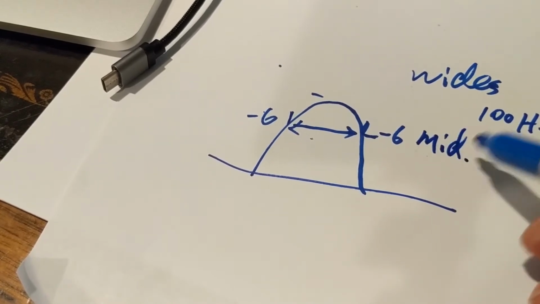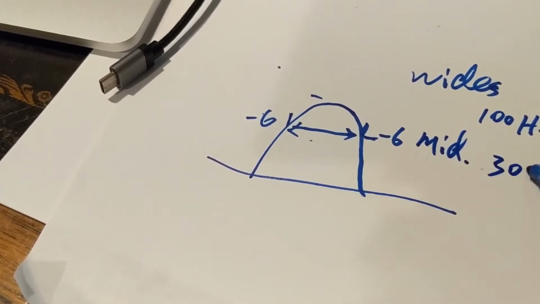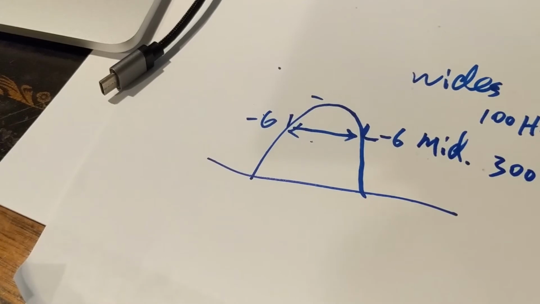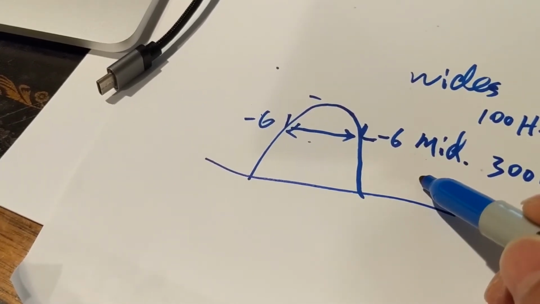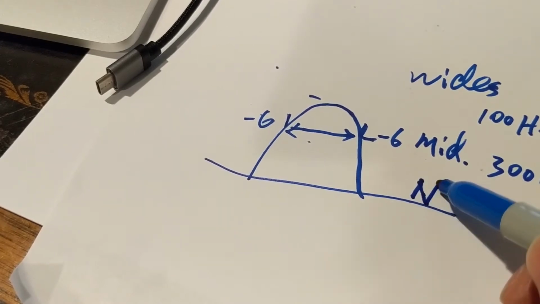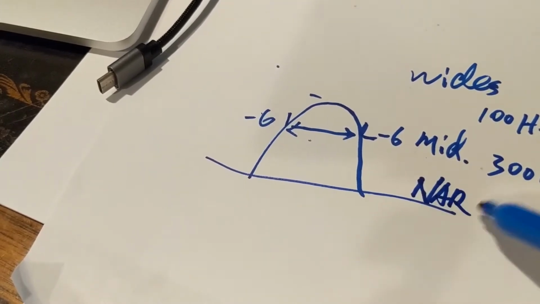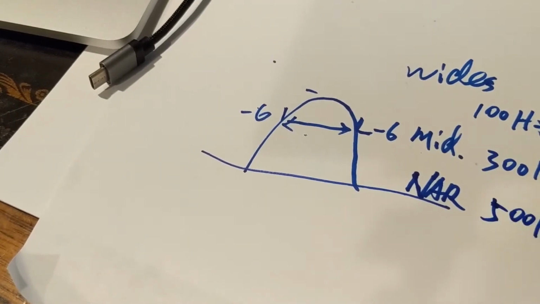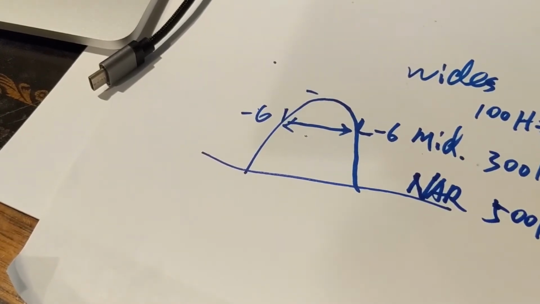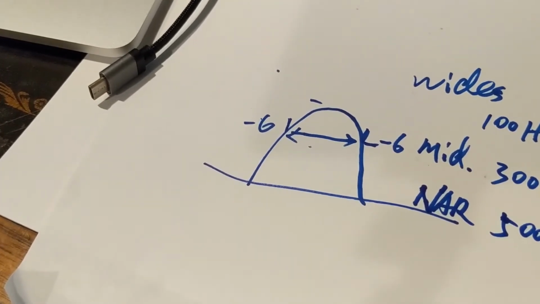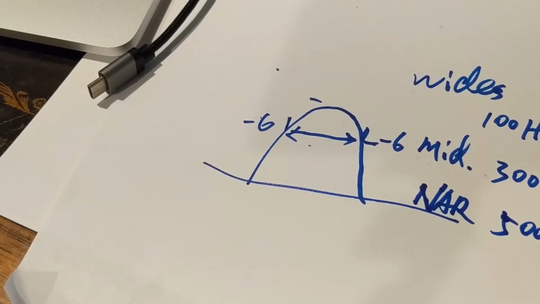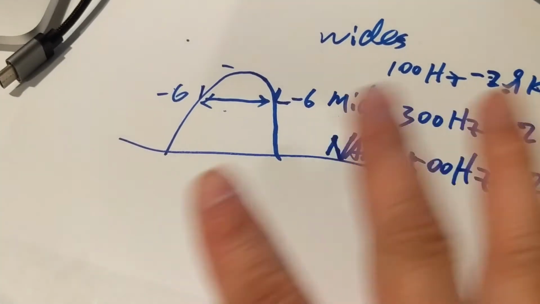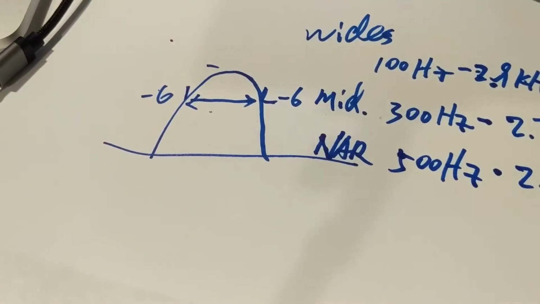Mid means 300 hertz to 2.7 kilohertz. And narrow means 500 hertz to 2.5 kilohertz. Okay, it basically means the energy transmitted.